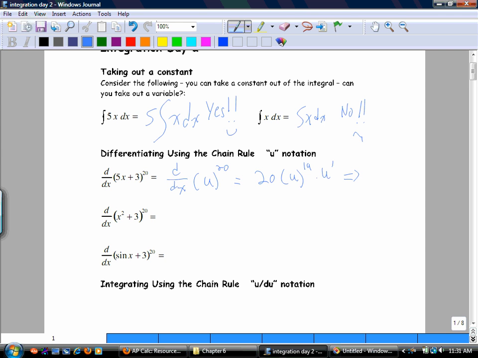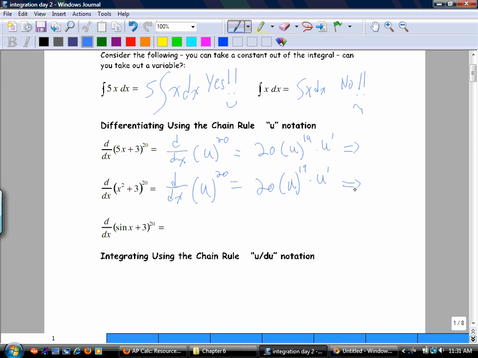Second one, I would replace everything inside the brackets. I would have d by dx of u to the power of 20. Same thing, I would drop the exponent down, u to the power of 19, but again I'd have to multiply by the u prime. You have to multiply by u prime.